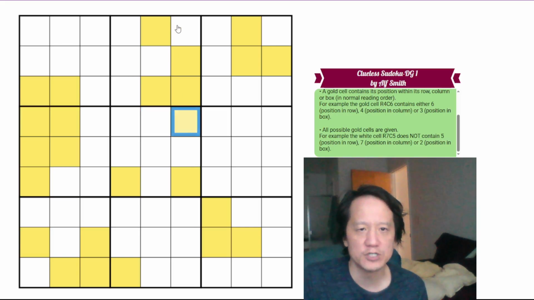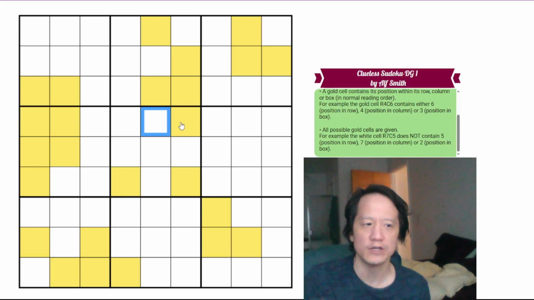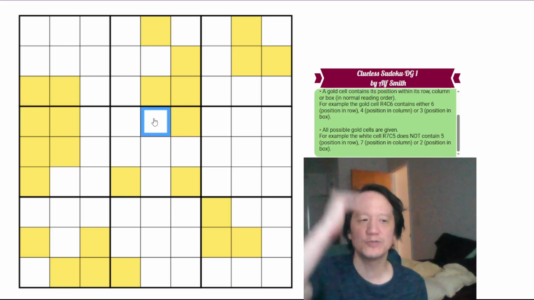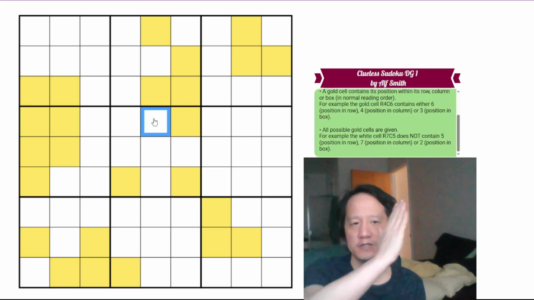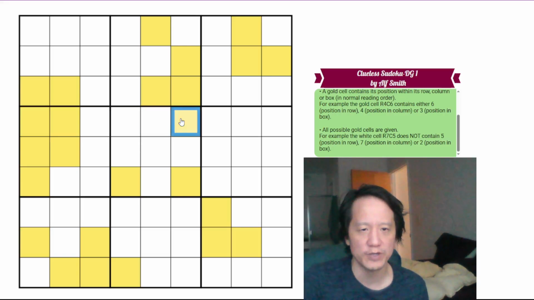A 4, which is its position in the column, which is 1, 2, 3, 4. Or 3, which is its position in the box. And we do this in typical Western reading notation, which is top to bottom and left to right. So this would be 1, 2, 3, 4, 5, 6, 7, 8, 9. Therefore this digit could be either 6, 4, or 3, right?